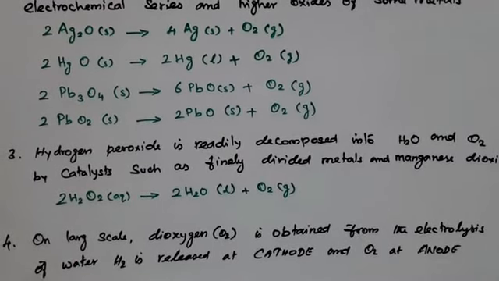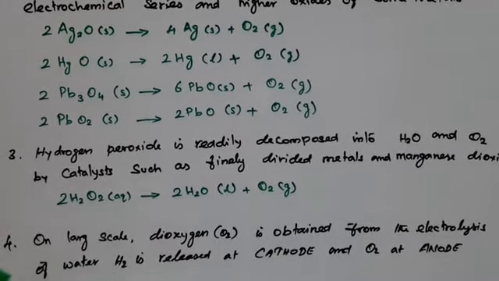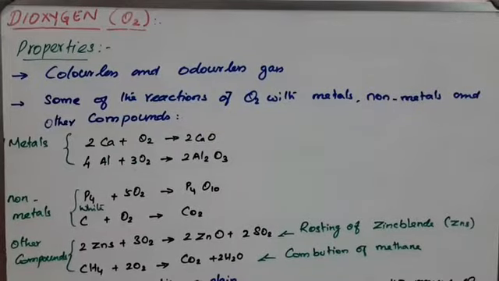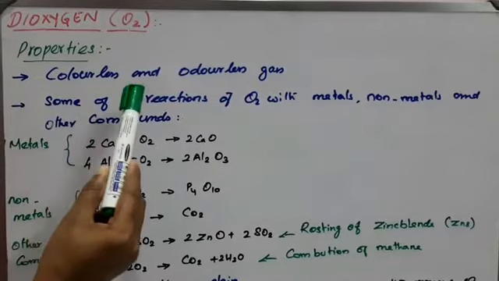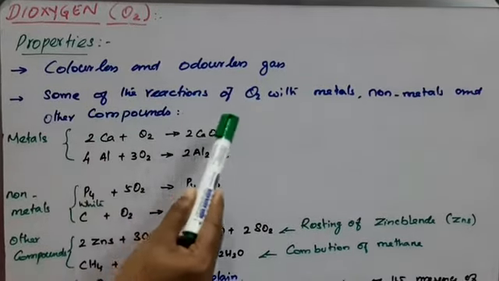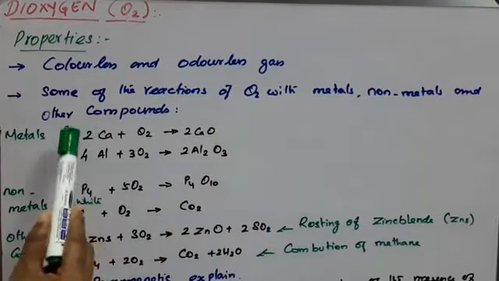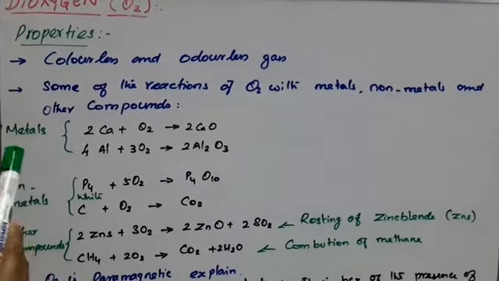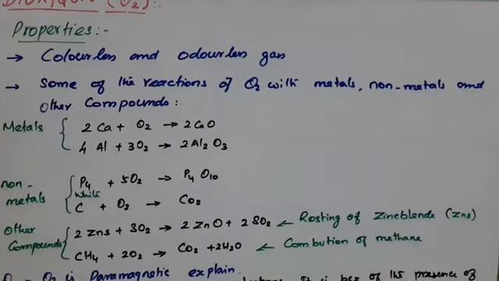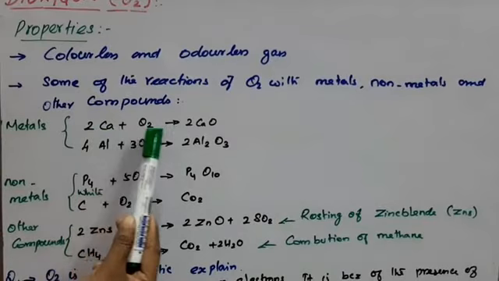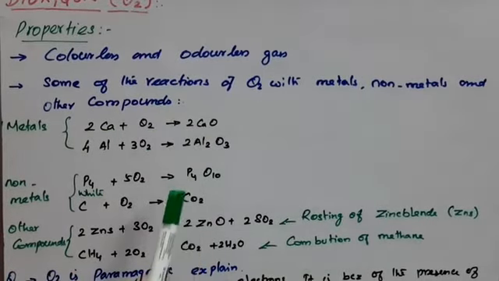Next we will see properties of dioxygen gas. See here, it is a colorless and odorless gas. Some of the reactions of O2 with metals, non-metals and other compounds, because dioxygen reacts with metals, non-metals and other compounds also. Here calcium reacts with oxygen to form calcium oxide, CaO.